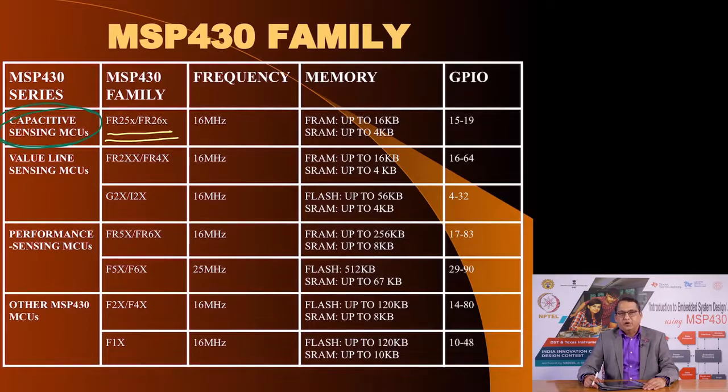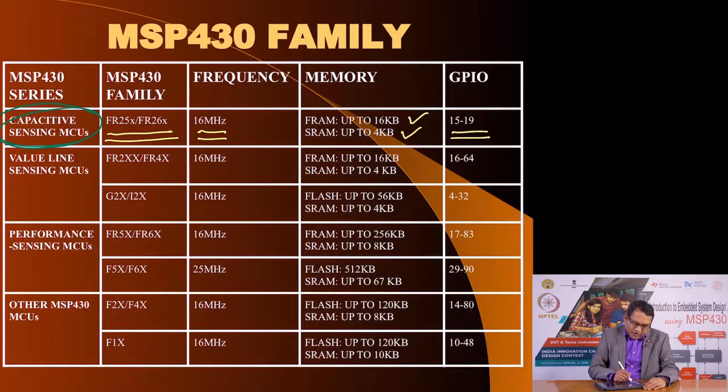The maximum frequency of operation of members of this family is 16 megahertz, and it has FRAM for the program memory, and you can have up to 16 kilobytes of program memory, and SRAM for storing data. You can have up to 4 kilobytes, and the number of general purpose input output pins available in this segment, you can have from 15 to 19 GPIO pins.